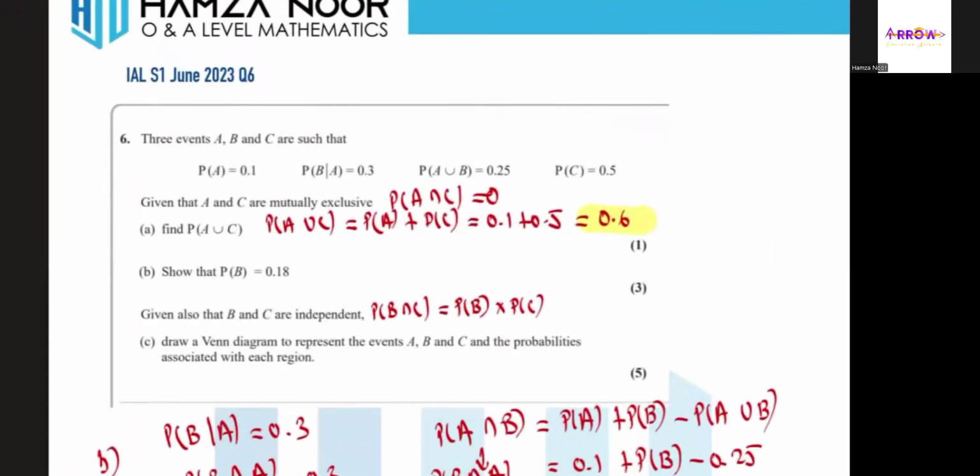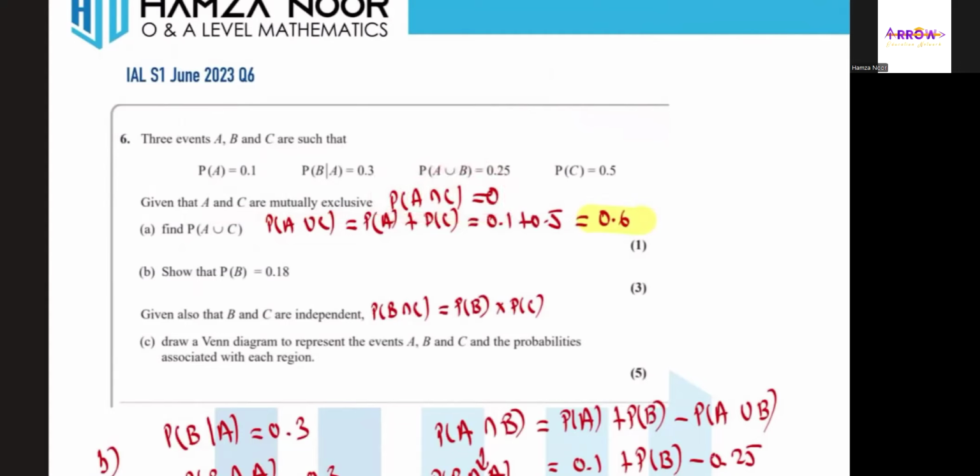It says that three events A, B, and C are such that the probability of event A is 0.1, the probability of B given A is 0.3, the probability of A union B is 0.25, and the probability of C is 0.5. Given that A and C are mutually exclusive, find the probability of A union C. First, as A and C are mutually exclusive, the probability of A intersection C is equal to 0.